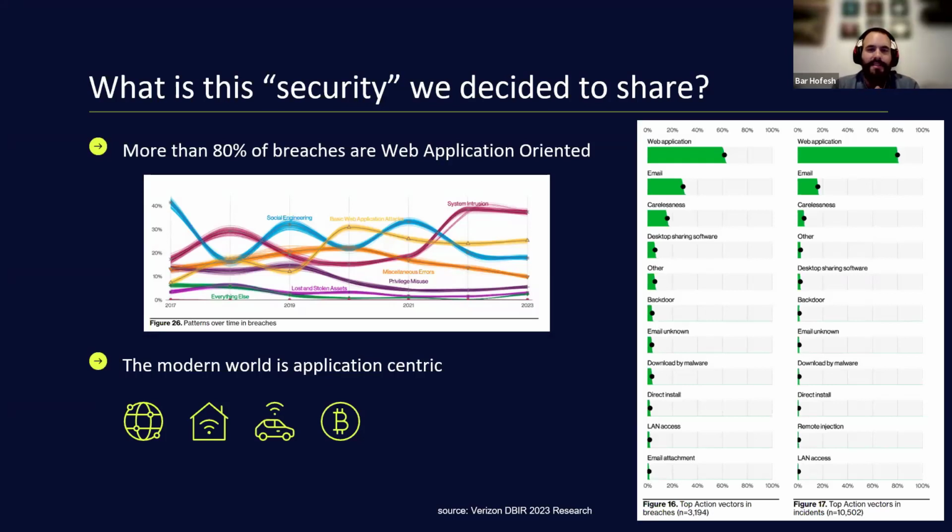Right now, and this is based on Verizon's 2023 research, more than 80% of breaches happen due to web application issues, right? When we're talking about applications or even more specifically web applications, this is the main place where companies and organizations get hacked from.